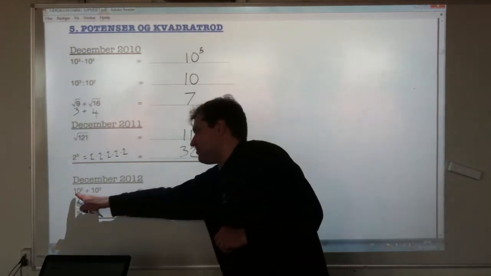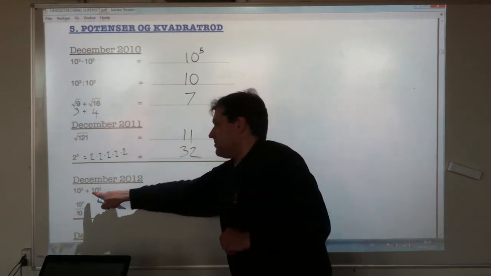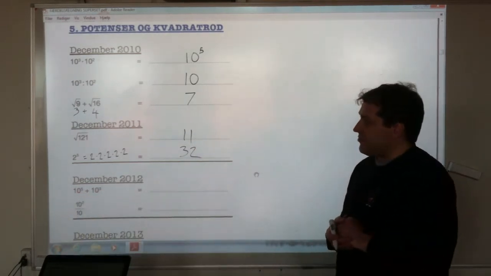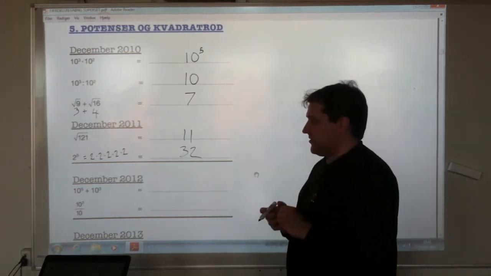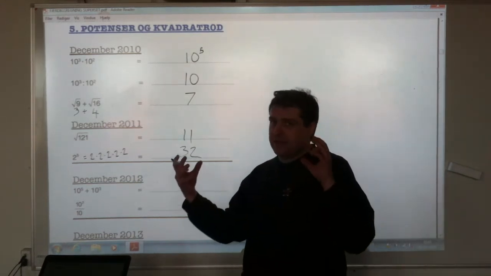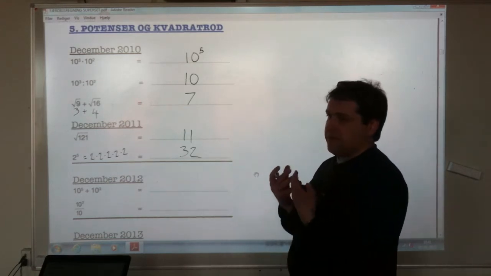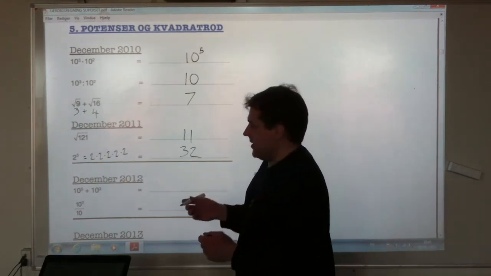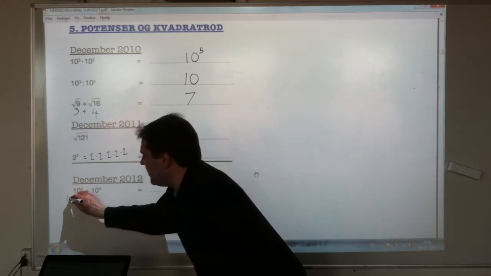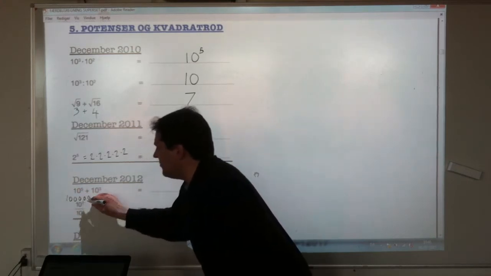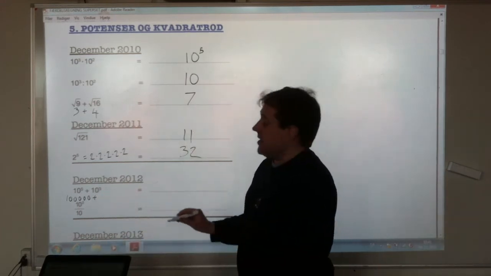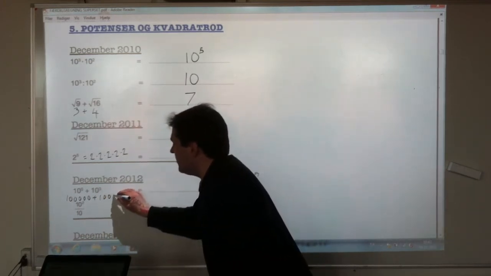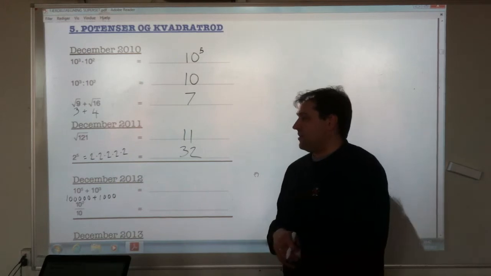Next one, 10 to the power of 5 plus 10 to the power of 3. Now, again, this is another one that might trick you. There's no rule for combining those two terms, so you just have to work them out the long way. 10 to the power of 5 is a 1 with 5 zeros. 10 to the power of 3 is a 1 with 3 zeros.